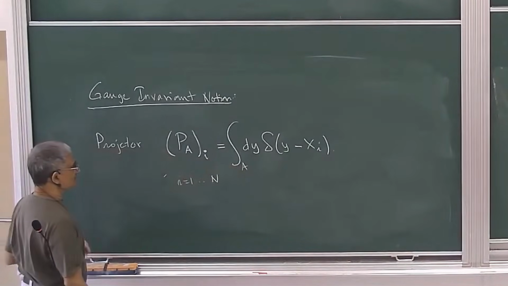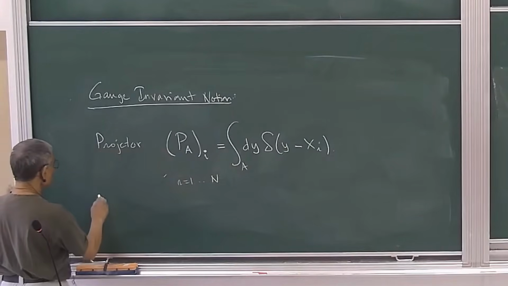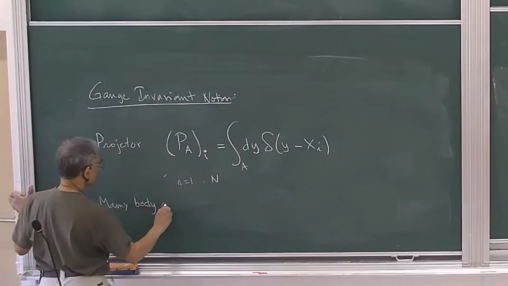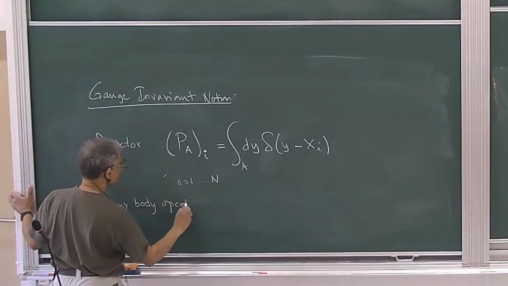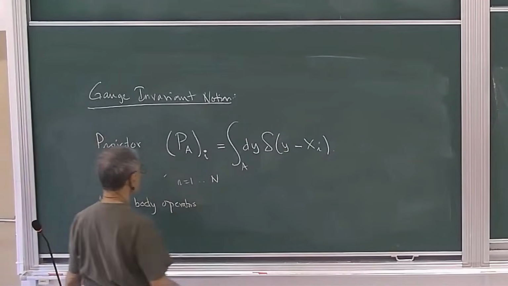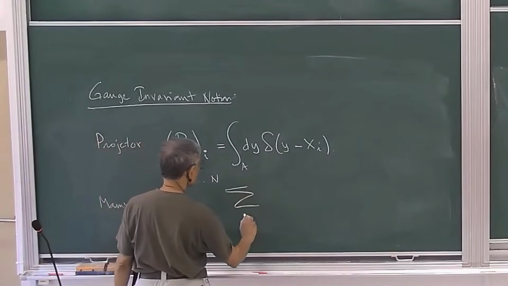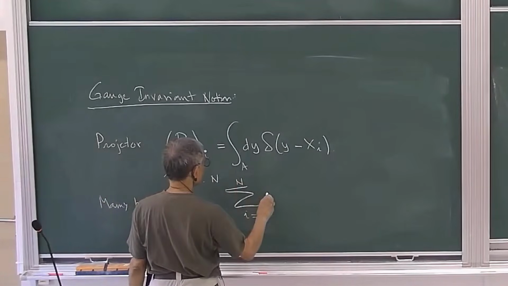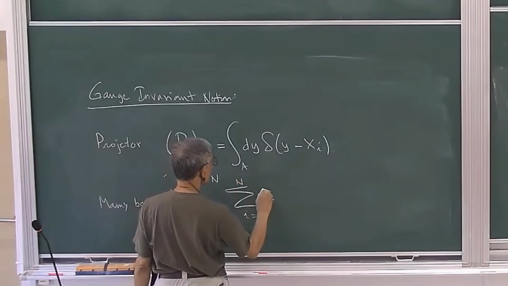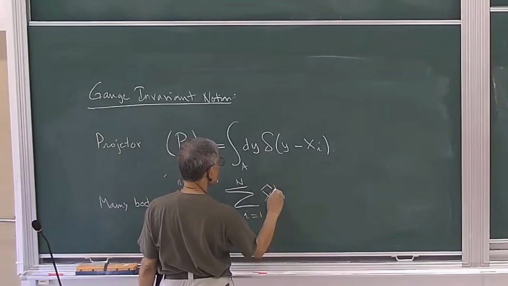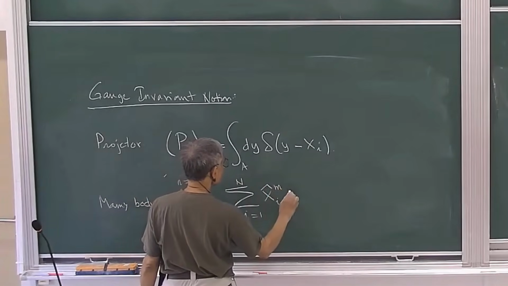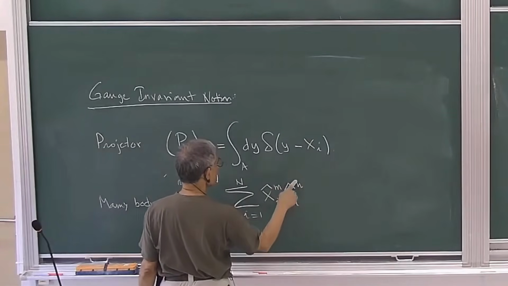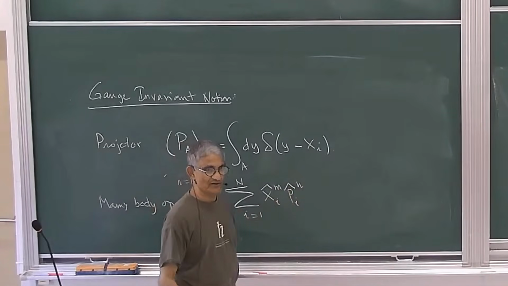Given this projector, starting with some many-body operator, what are the many-body operators like? Many-body operators are like a sum over i to n of some x_i to the power m times p_i to the power n, where p are the conjugate momenta to x.